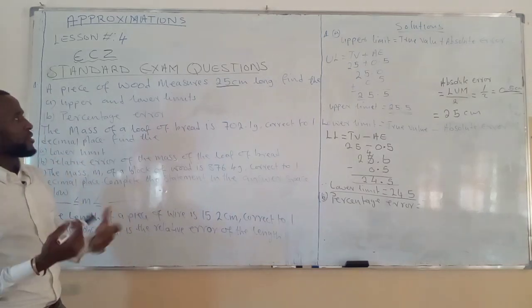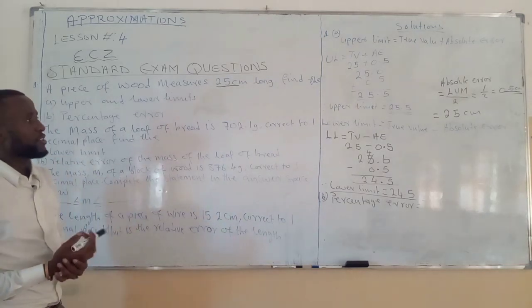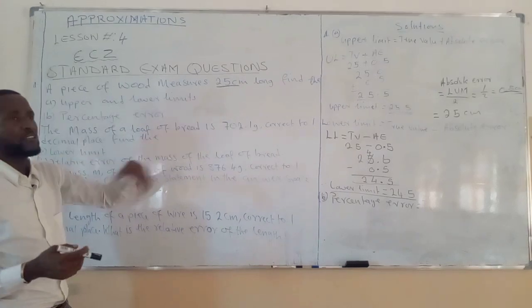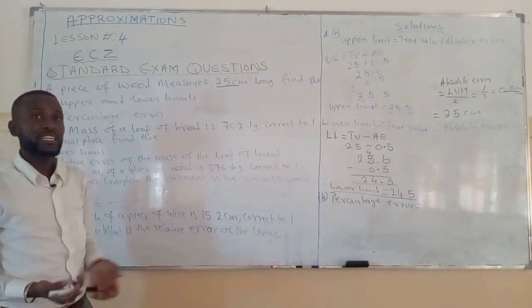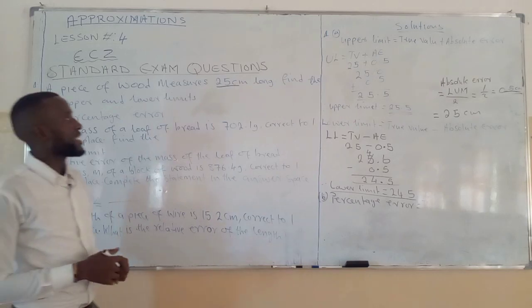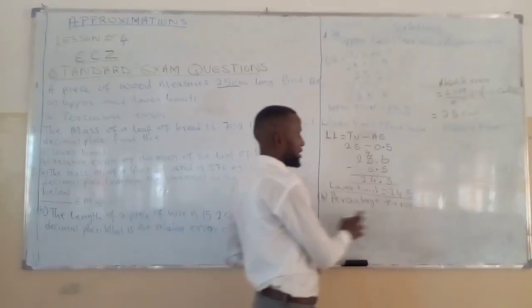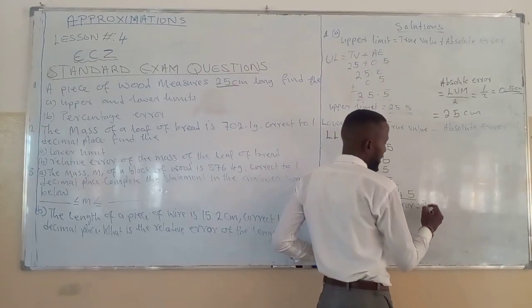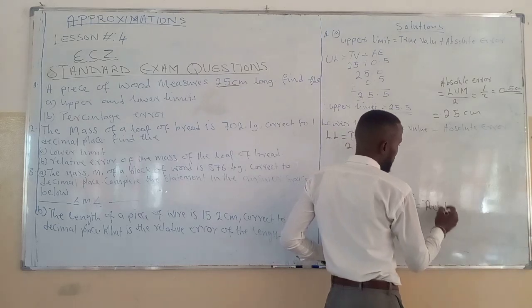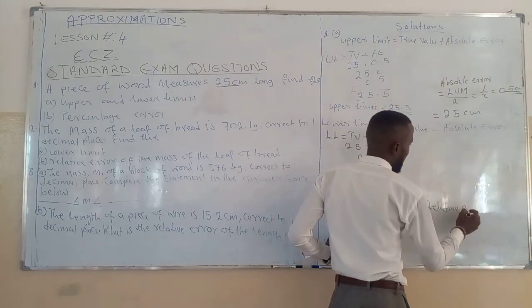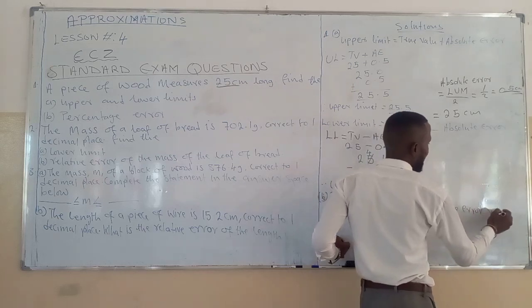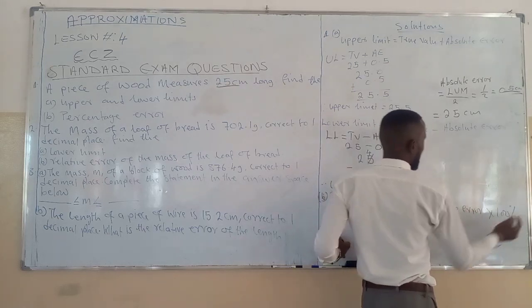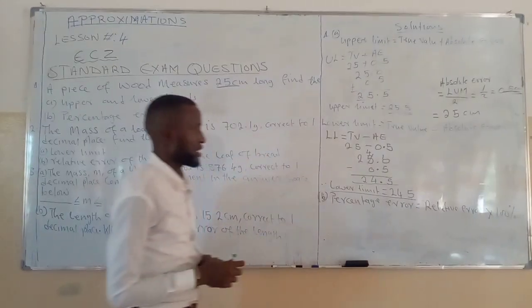So what kind of formula can I use? Of course, we don't have the recorded value. We have the true value, but we don't have the recorded value. So the only way I can write the percentage error is simply to write the formula relative error times 100%. This one will work out perfectly.